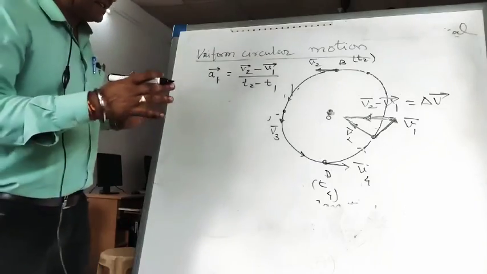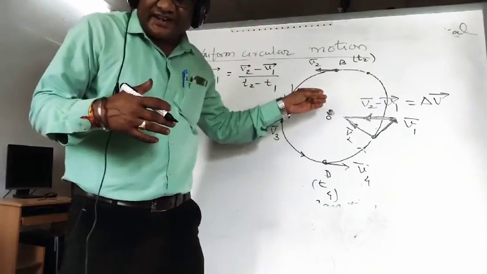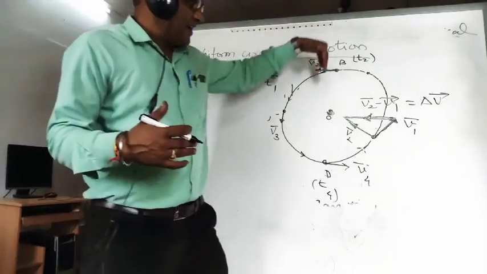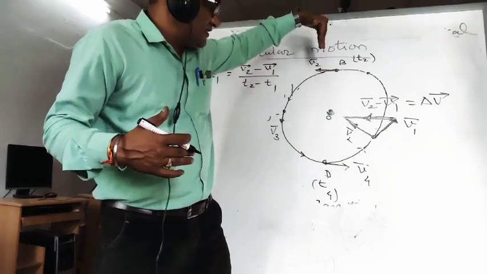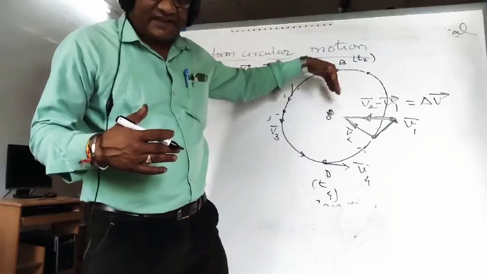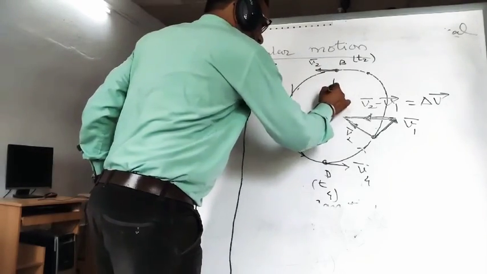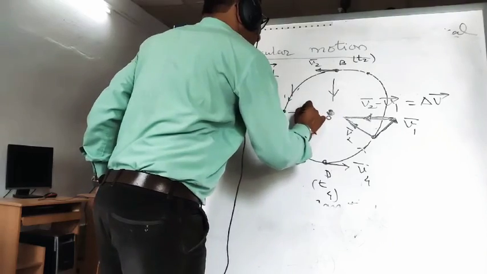Since acceleration is given by change in velocity upon time taken, every time we found that the direction of change in velocity, that is delta v, always acts toward the center. Here also the direction of delta v is this. Here also the direction of delta v is this.